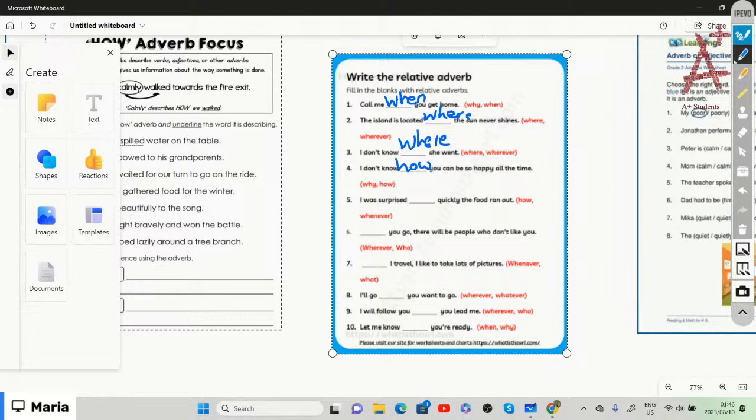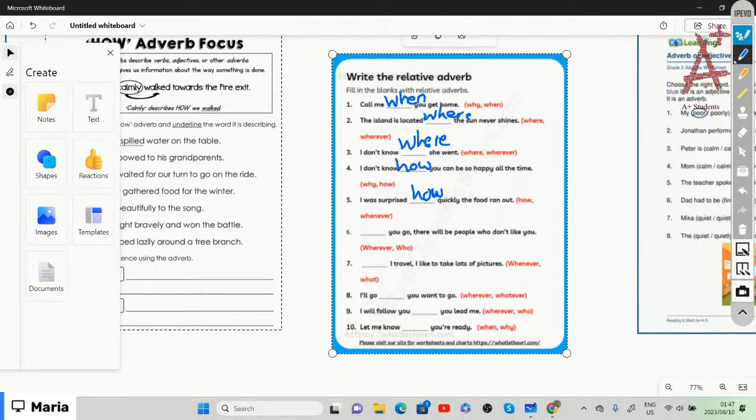I was surprised, is it how quickly the food ran out, or whenever? So we can say, I was surprised how quickly the food ran out. And then, is it wherever you go, there will be people who don't like you, or who you go?